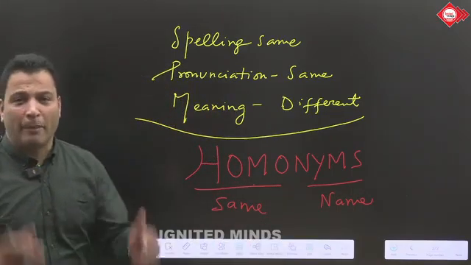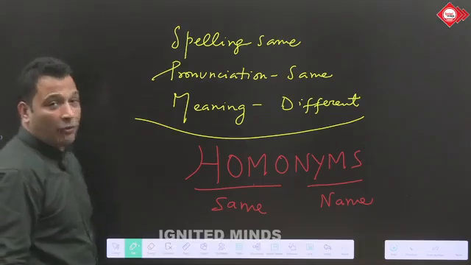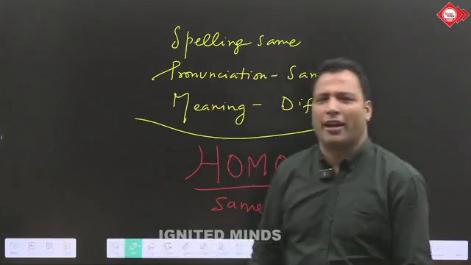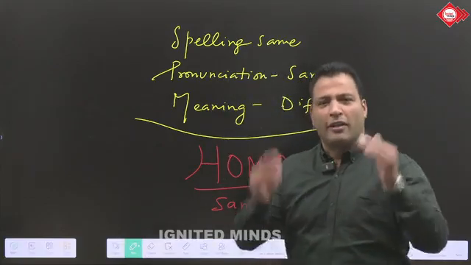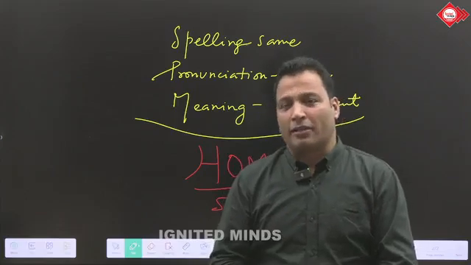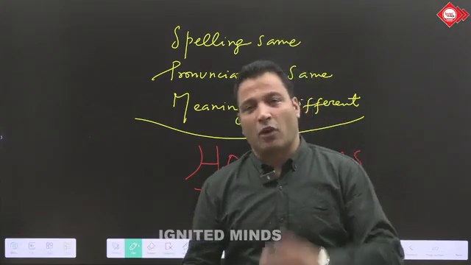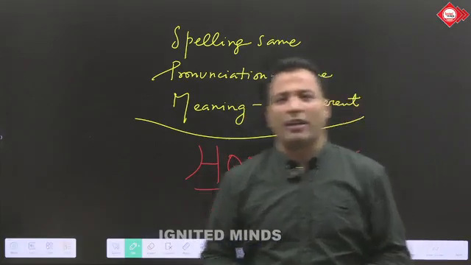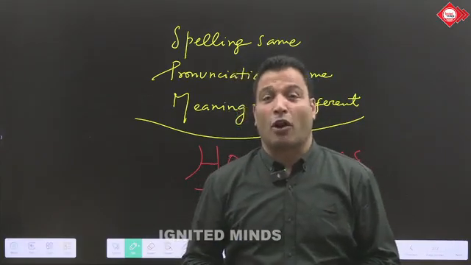That means same pronunciation. We have got in all the three contexts same spelling, ENGLISH. तीनों context में spelling भी same, pronunciation भी same, मगर meaning different. Such words which have got same spellings, same pronunciation, but different meanings in different contexts are called homonyms.